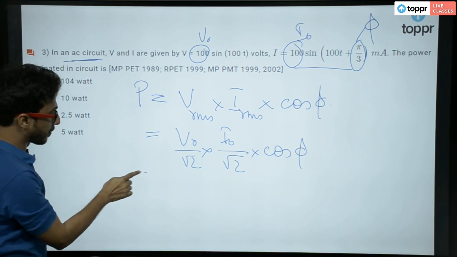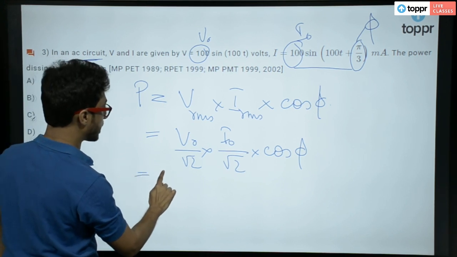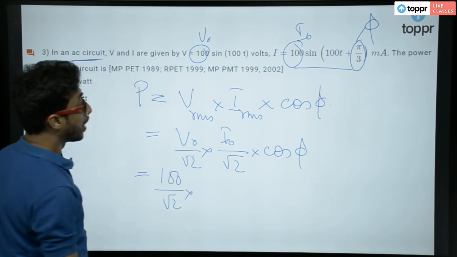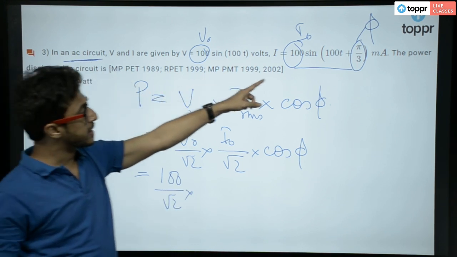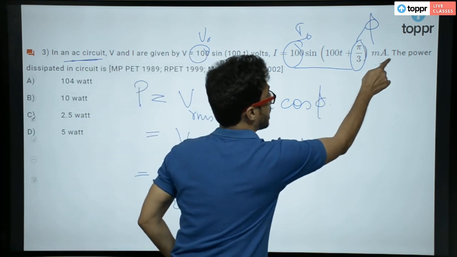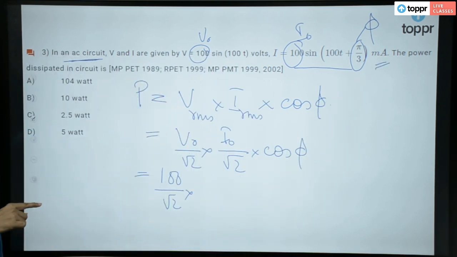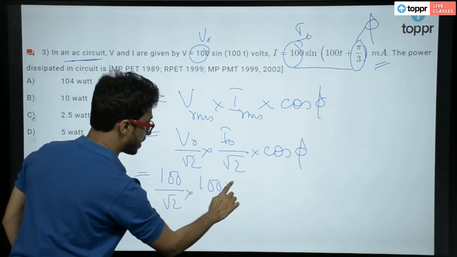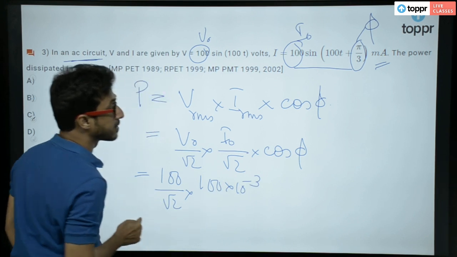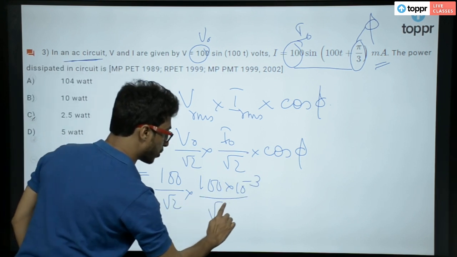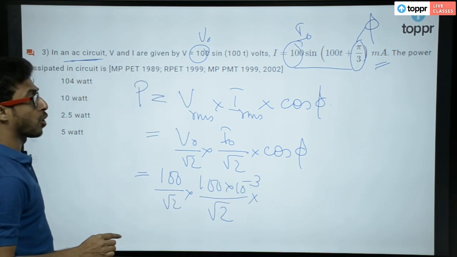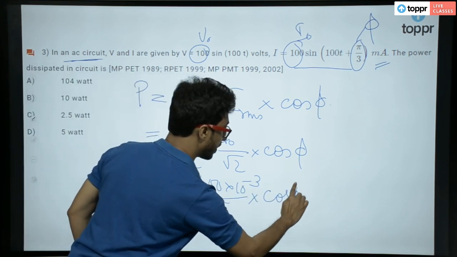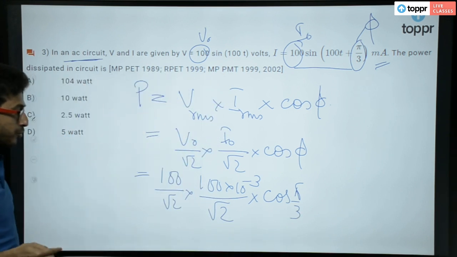So if you put the value, it is 100 by root 2. Current is in milliamps, so it is not 100 but 100 milliamps. So 100 into 10 to the power minus 3 divided by root 2, into cos phi, where phi is pi by 3.